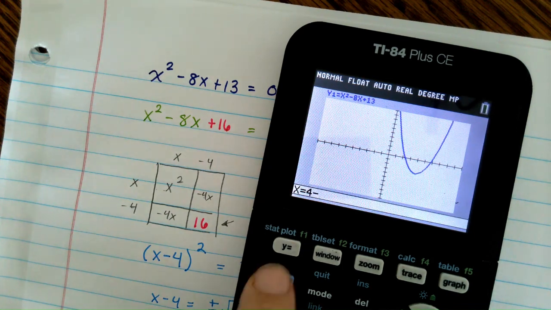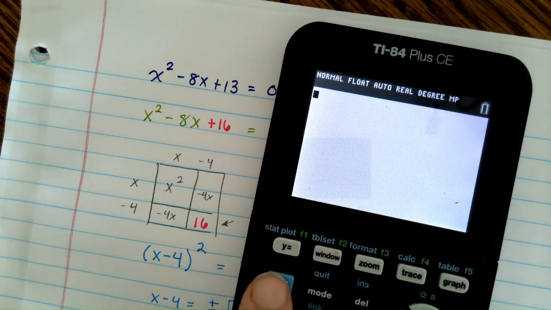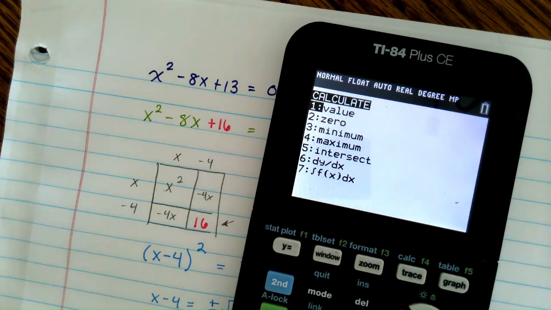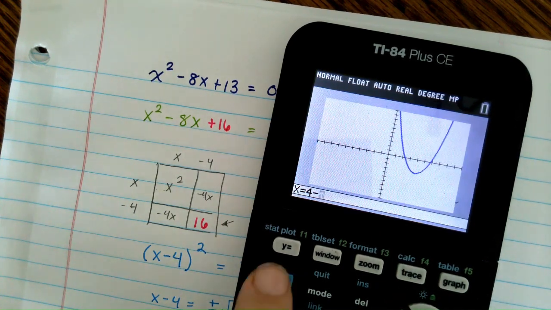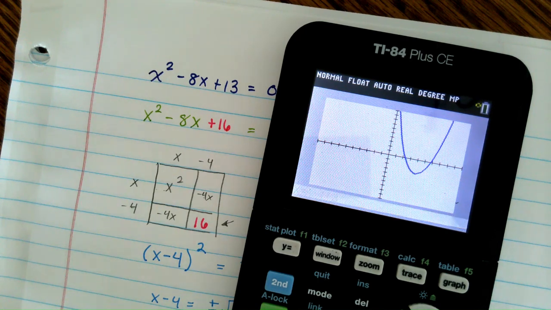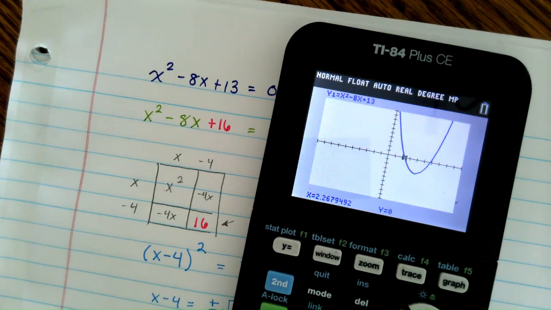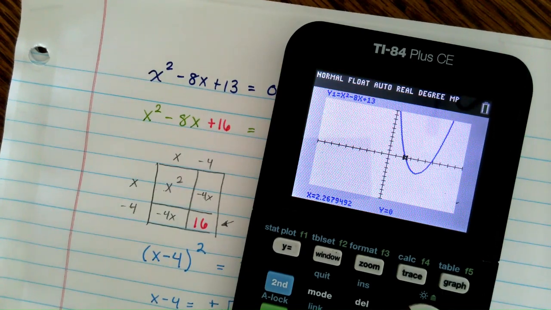What about 4 minus? Oops. Most definitely. We got there. So again, this is great because it allows us to skip doing that long drawn out formula of the quadratic formula.